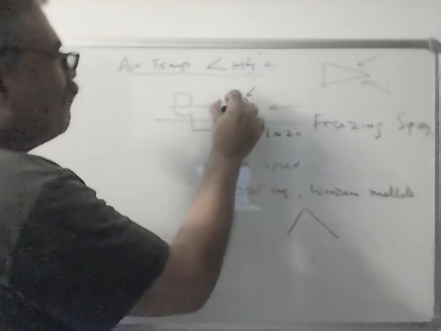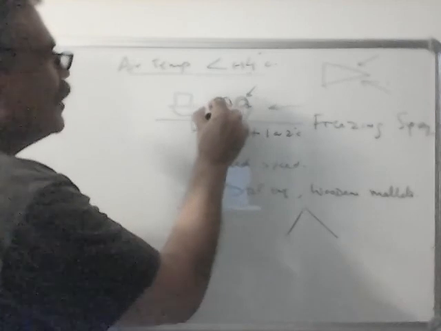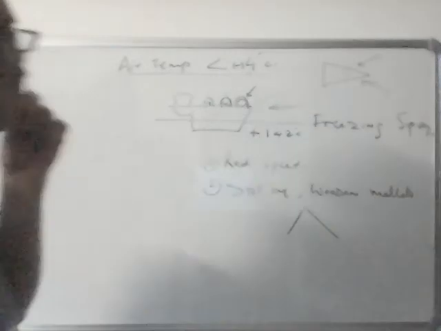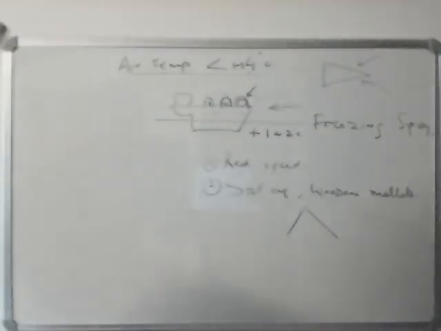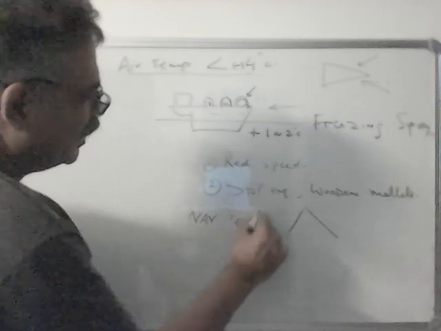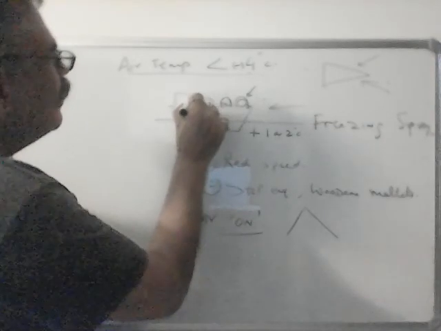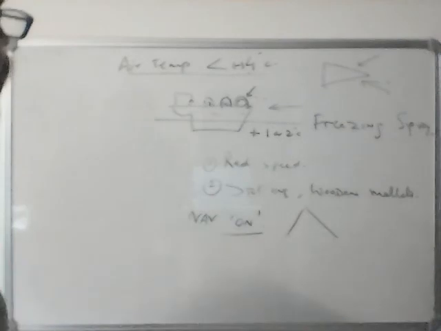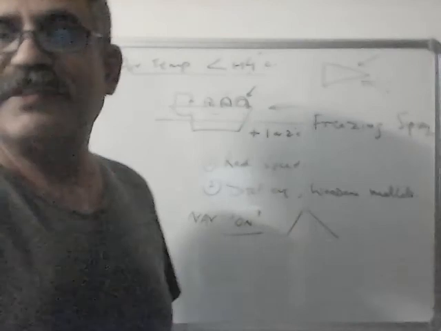So you can cover all your vents with canvas, so that freezing spray will form on top of the canvas and be easy to remove later on. Navigation lights you can keep on all the time, even in daytime, so that snow and freezing spray does not form. It is warm when they are on, so freezing spray does not form. So these are some of the precautions of ice navigation.